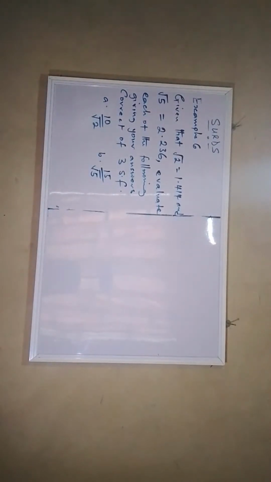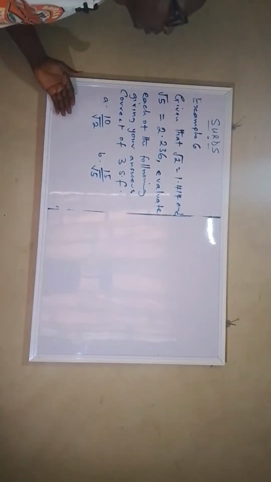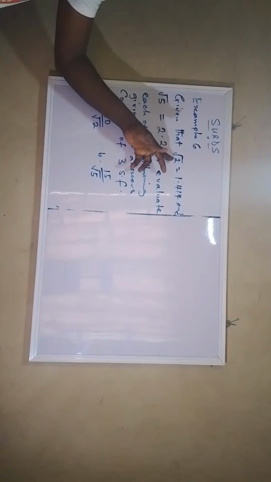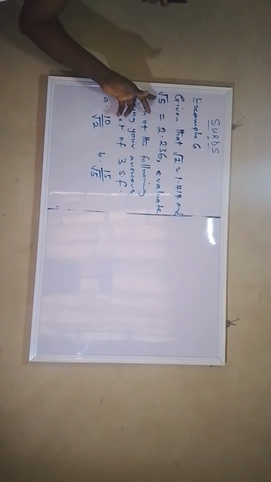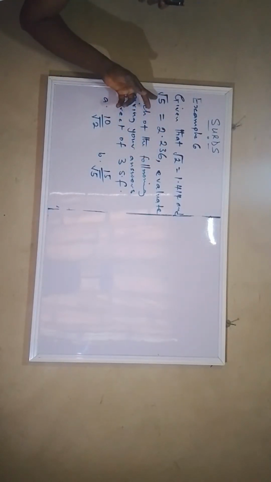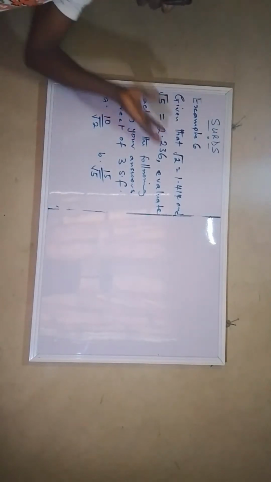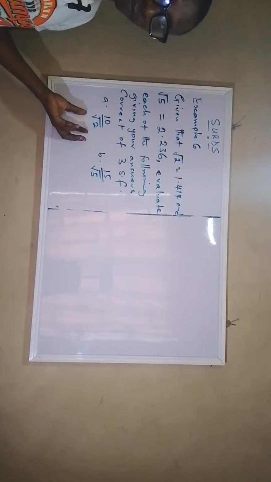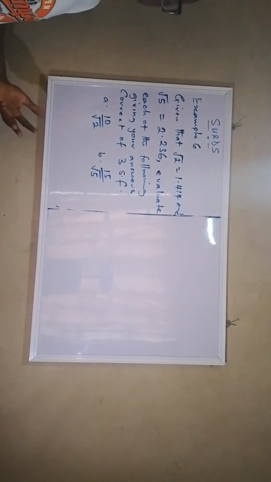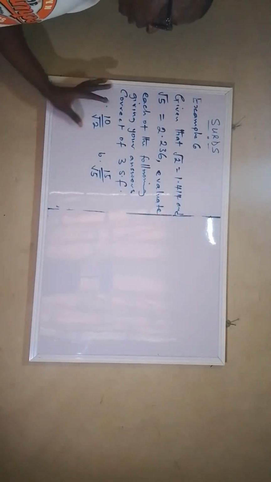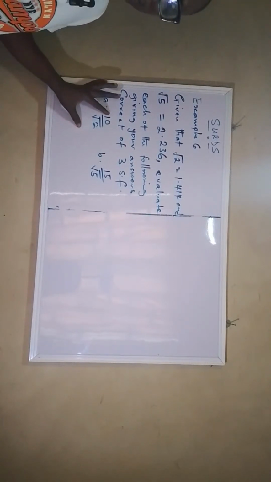Now let's look at the question here. Now we have been given the value of square root of 2 and square root of 5, and we have to evaluate this. Now to do this, I will not just go ahead and substitute here. I will be simplifying the problem first. So the first thing to do now is to rationalize.